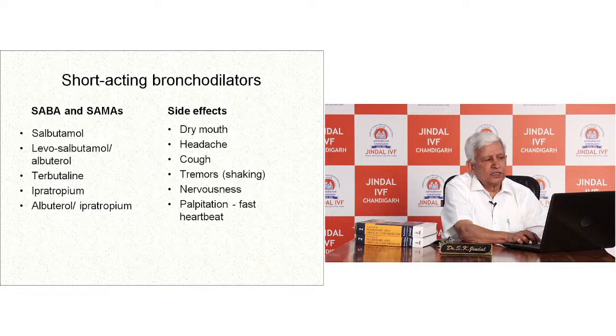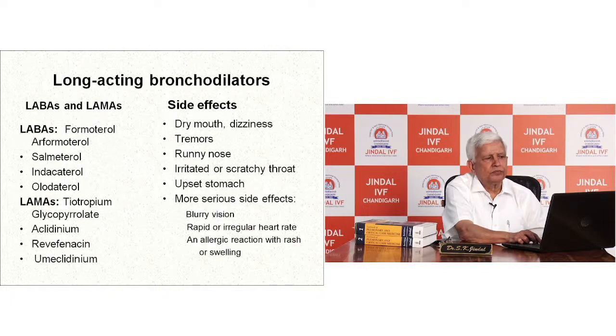Short-acting bronchodilators like SABAs and SAMAs, short-acting beta agonists and short-acting muscarinic antagonists, include salbutamol, levosalbutamol, terbutaline, ipratropium, and other combinations such as ipratropium and albuterol. They are for SOS, immediate effect, but they cause dry mouth, headache, cough, and tremors. These effects are common to all beta agonists, so to SABAs and SAMAs.